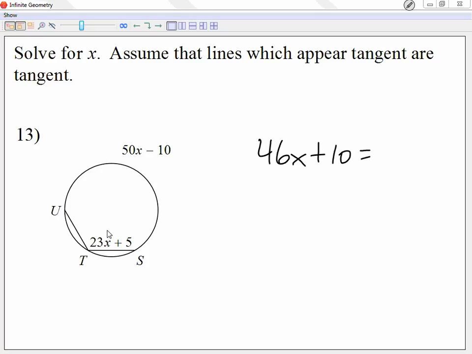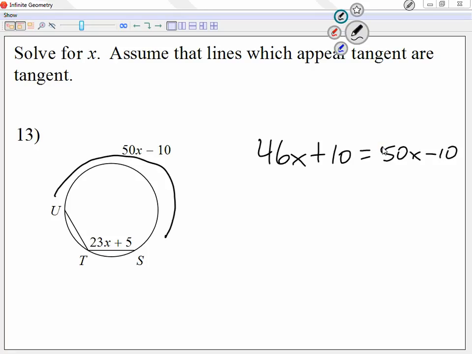Multiply the angle by 2, and it is equal to the arc, which in this case is 50x minus 10. Notice that the angle, I multiplied it by 2 to equal the arc. It's fine that the x's are not the same. As a matter of fact, we want them to be different, because otherwise they will cancel each other out.